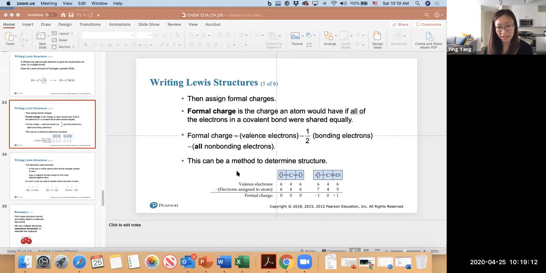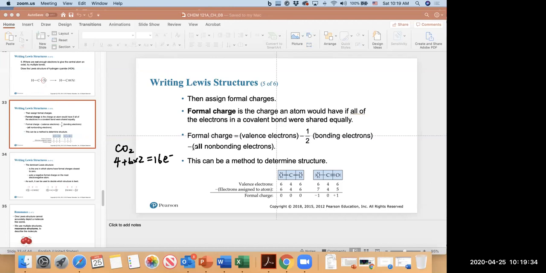All right, if you look at carbon dioxide, let's try to do this one. Annotate. So CO2, and we count the valence electrons: 4 plus 6 times 2, which is 16 electrons.